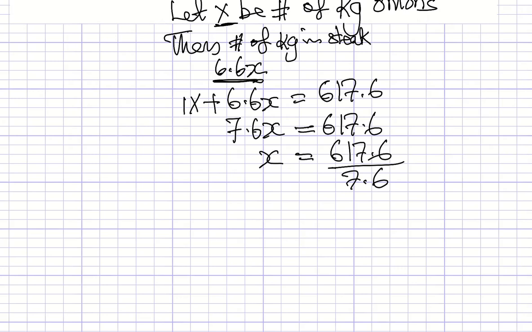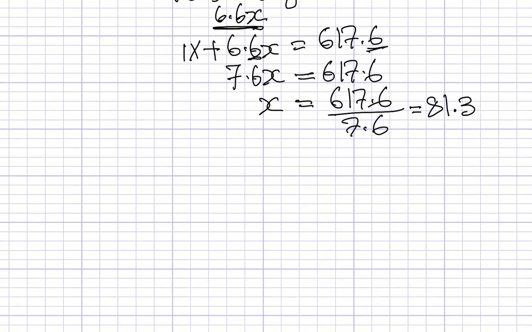So if you divide this, you get 81, I would say 81.3, we'll leave it at 81.3 kilograms. Actually it's 81.26, but we'll round it up, because we're working with 1 decimal place here. So we'll round it to 1 decimal place.